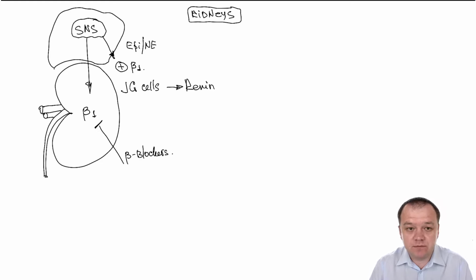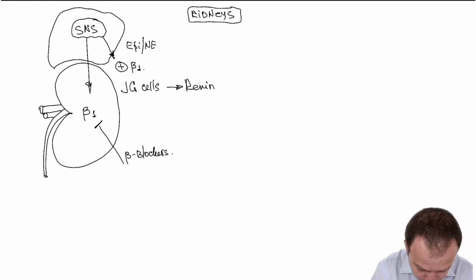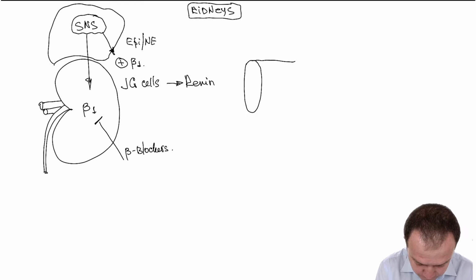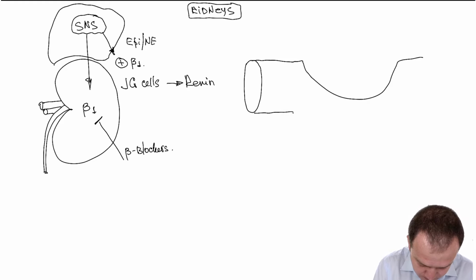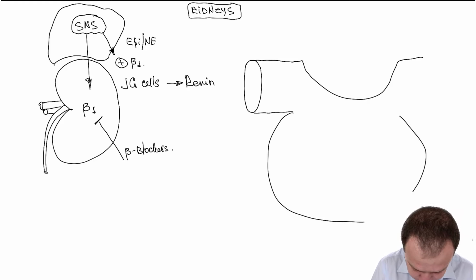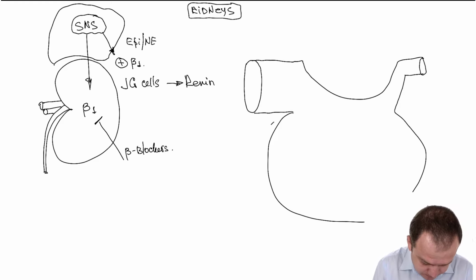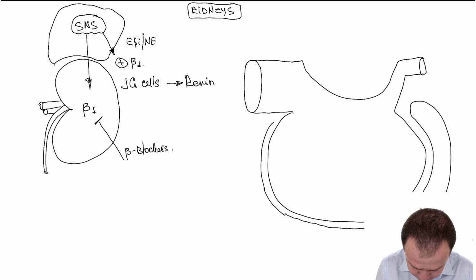But now let's say a few words about the glomerulus, and about vessels and the glomerulus. So we know that we have a glomerulus, and we have two vessels, right, in the glomerulus. Here we have Bowman's capsule, drawing it like that.